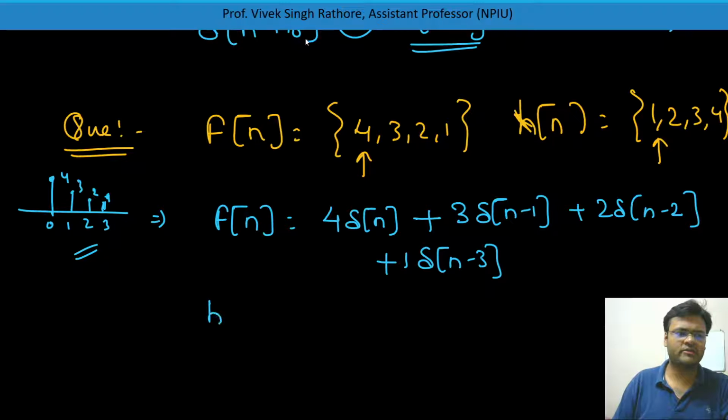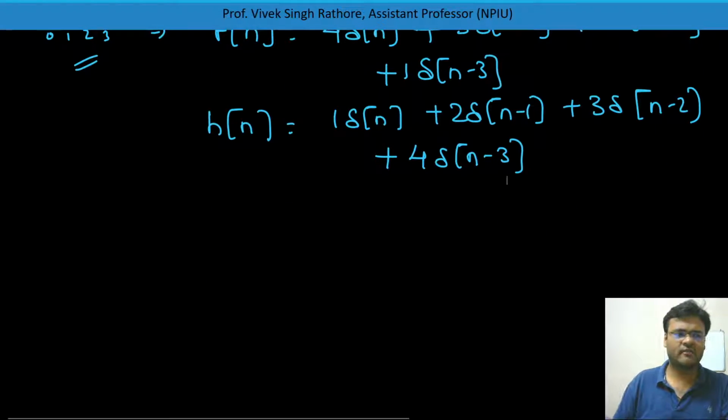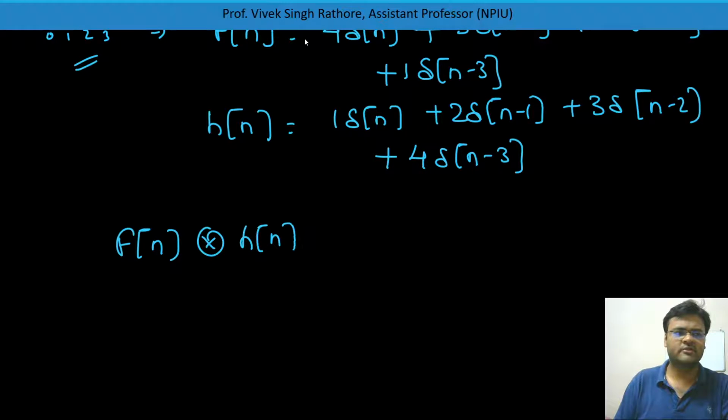For h of n also you can write 1 of delta n, plus 2 of delta n minus 1, plus 3 of delta n minus 2, and 4 of delta n minus 3. Both signals are there. What you need to do is f of n convolved with h of n. Simple.